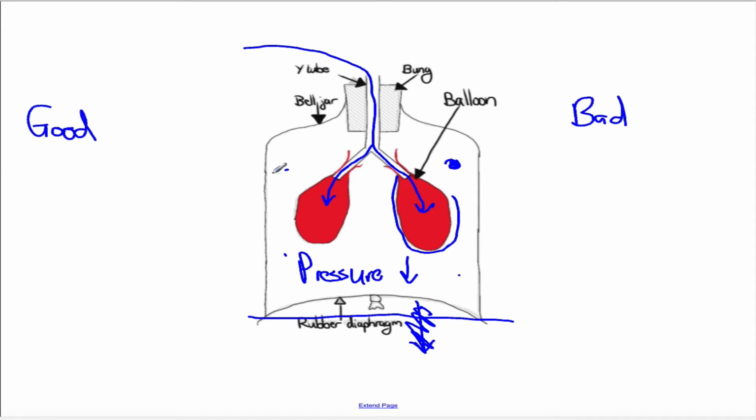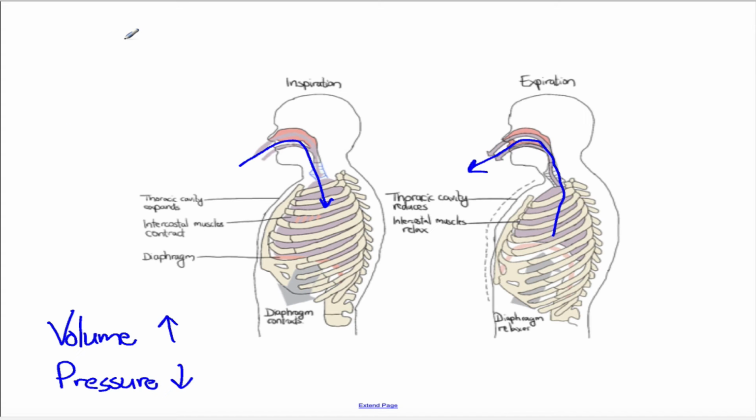Although it is a very good model, obviously it is limited in just how accurate it is compared to the real life situation. Now, if we were going to predict what effect we think this might have on the oxygen and carbon dioxide levels in expired air compared with inspired air, just think back to your equation of respiration.